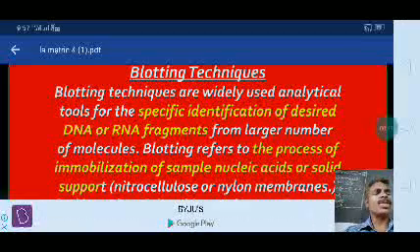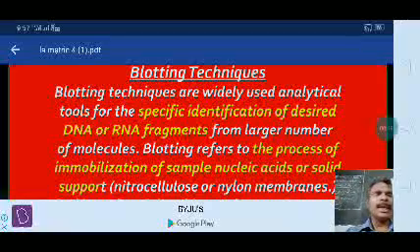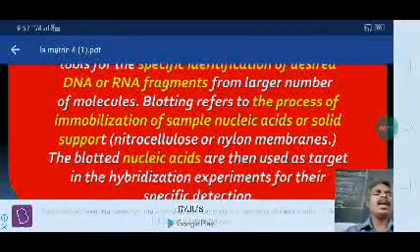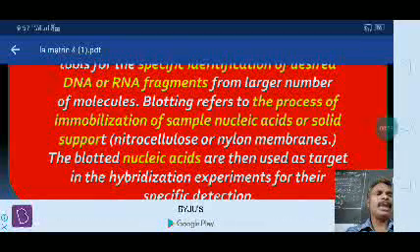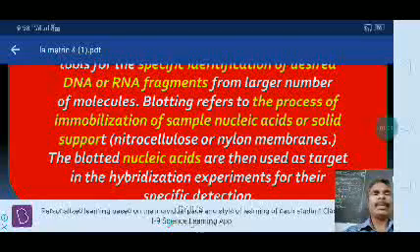Blotting mostly refers to the process of immobilization of sample nucleic acids on solid supports, that is, nitrocellulose or nylon membranes.